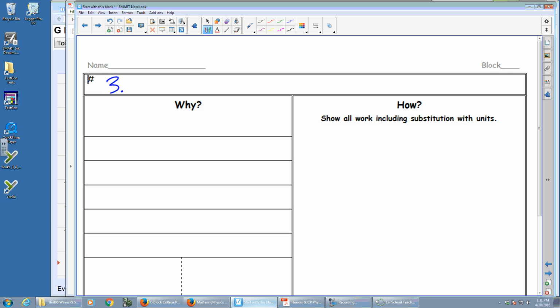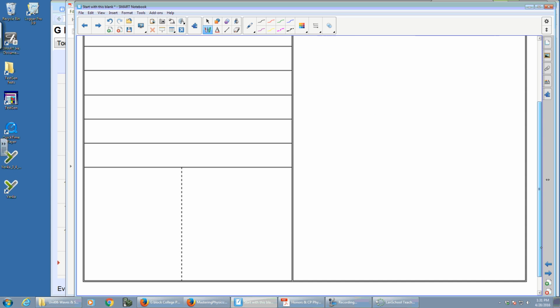So 13.97. But I would do something very similar for my picture because I'm at the first fundamental. What would the second fundamental look like? What do you think? Yeah, it'd be a whole wavelength, right?